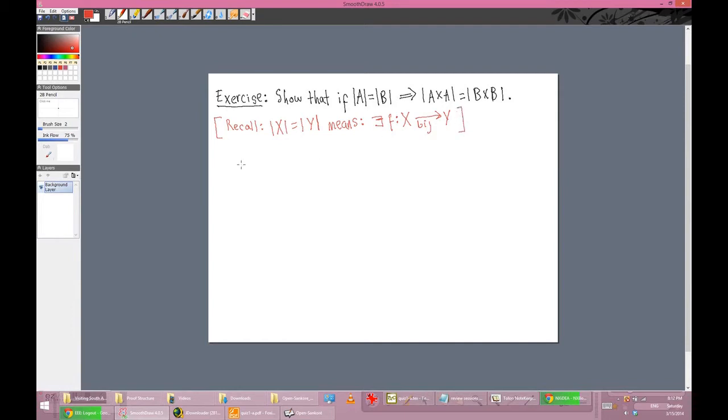You can show easily that this is an equivalence relation. So let's prove this fact, the exercise.